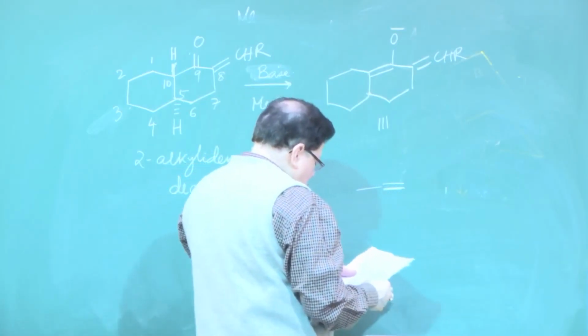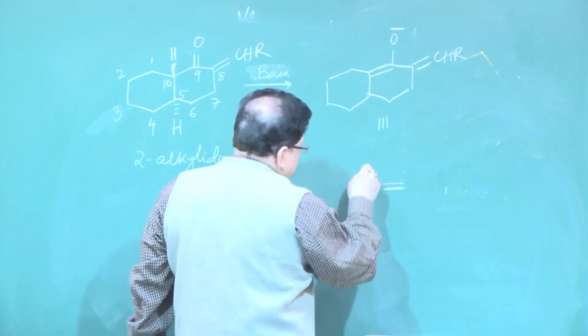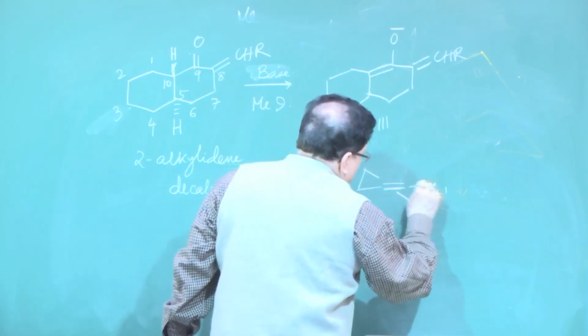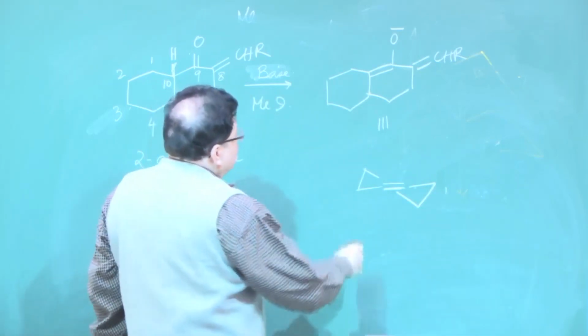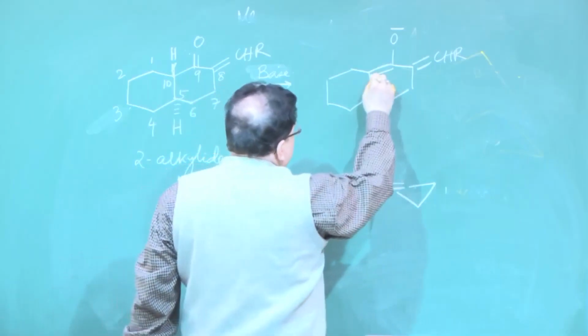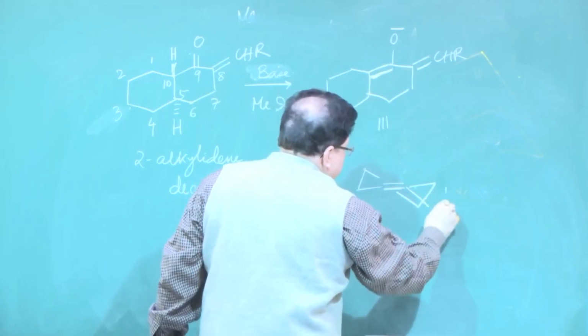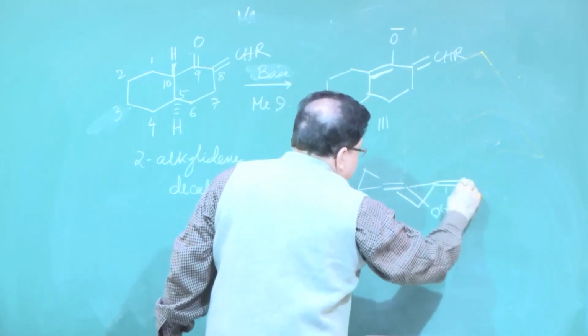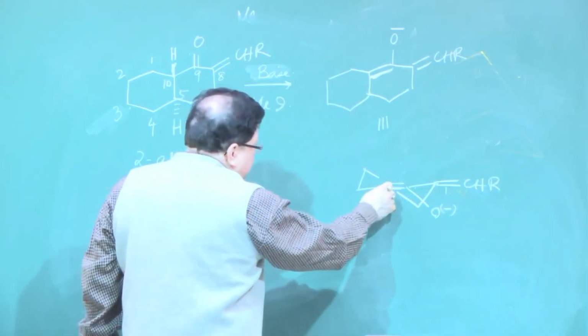Let us see whether we can draw it properly. If we do this, so this is the double bond, this is your O minus, this is your double bond, CHR, up to that point is okay, and your next ring.